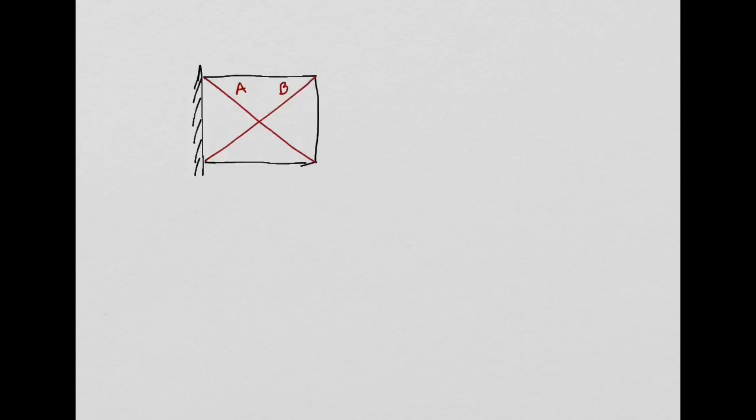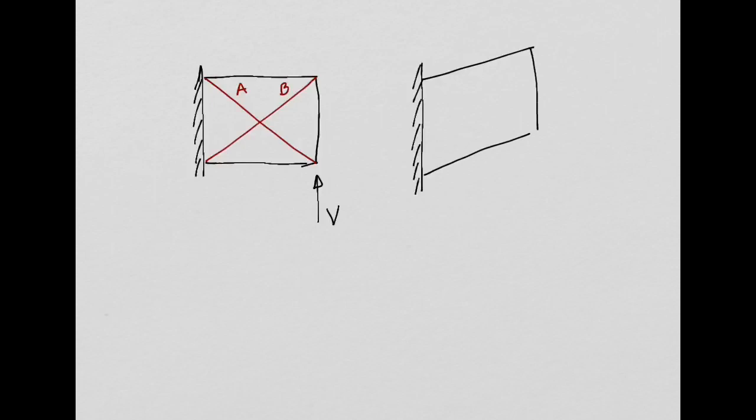And then we are going to apply a force, a transverse shear force V at this point, okay? So what is going to happen after I apply this force, and I'm going to exaggerate a bit here for visualization, this is going to deform something like this, right? Yeah? So basically this strut A.